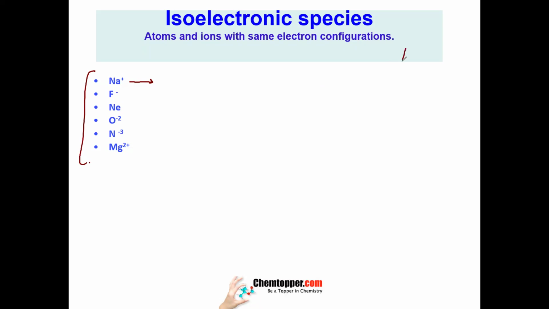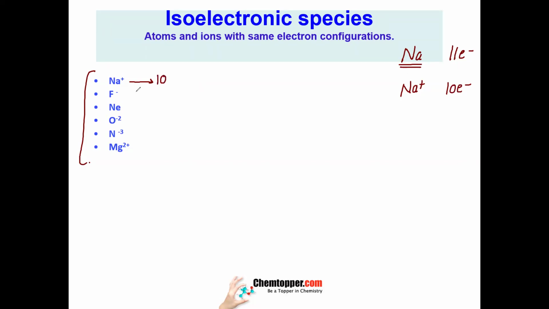Check the atomic number of sodium. What's the atomic number of sodium? 11. So it has 11 electrons, right? Sodium metal. But if I say Na plus, then how many? One electron is taken away, 10. Yes. So Na plus has how many electrons?